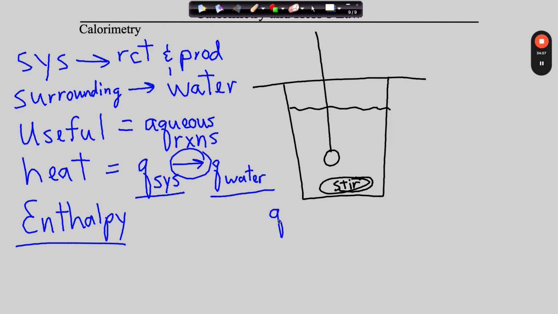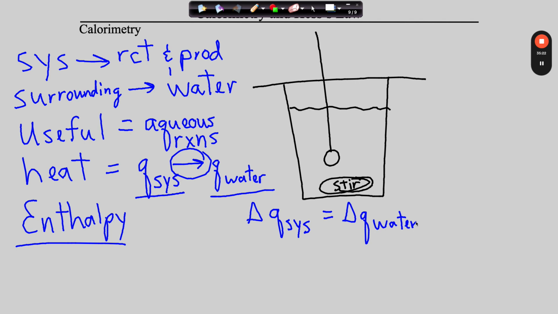So guys, Q for the system is equal to negative Q for the water. So what we're saying is this. All the energy that is lost by the reaction is gained by the water. We know that's an oversimplification. But we're going to roll with it.